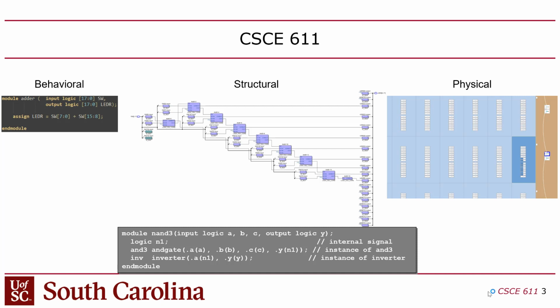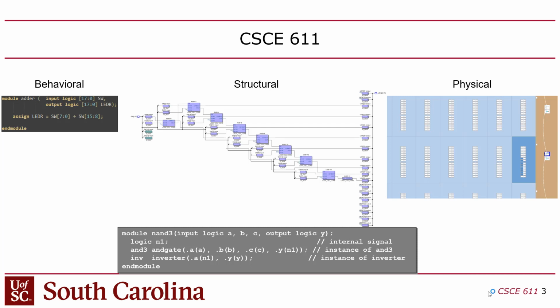And then the physical, in our case, we're using an FPGA. So the FPGA is kind of like, you think of it like a big array of those 7400 series chips that you used in 211, where they all have slots. And then the compiler will take each of these logical components in the structural schematic, and it will associate them with a physical slot on the FPGA, and then set up the wires to make connections through the FPGA fabric, right?